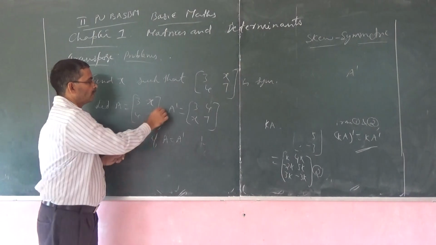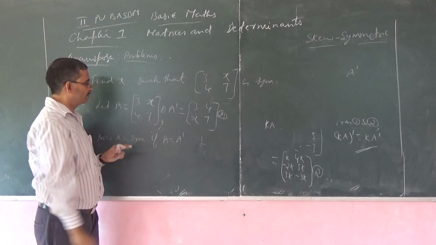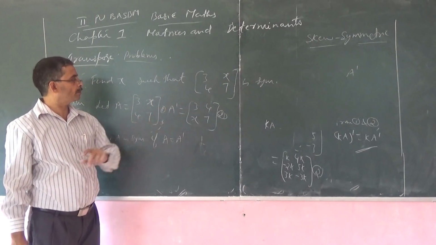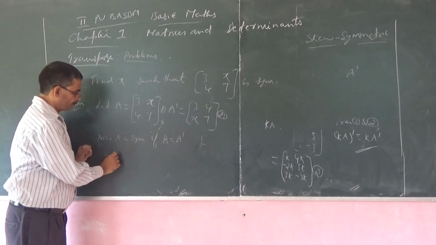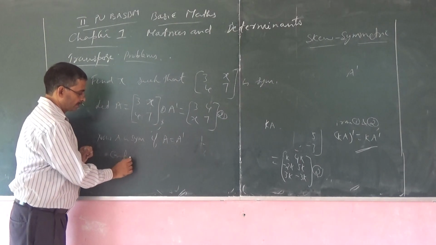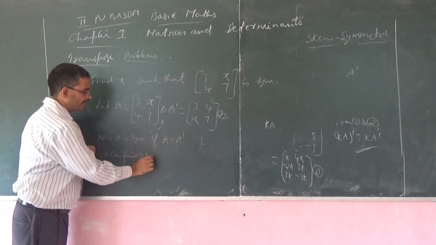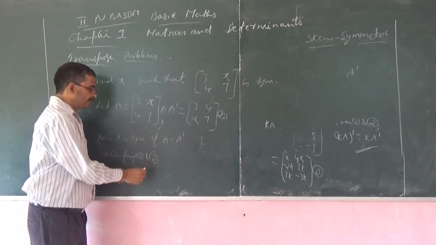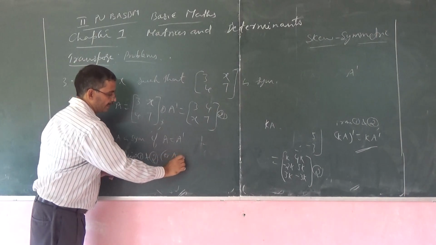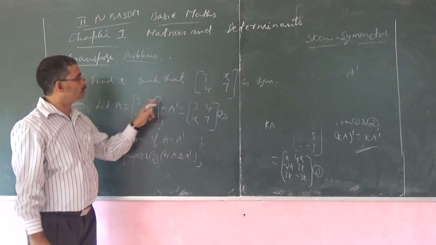Compare. If I call it as 1 and 2, A should be equal to A dash. So comparing, what we will get? X should be equal to 4.